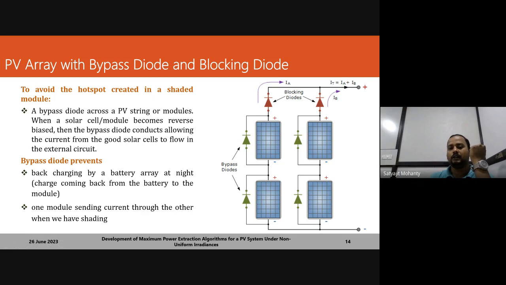Similarly, the blocking diode plays the same role. If a group of panels is acting as a load instead of a generator, the blocking diode will bypass the current from the healthy cells. The current won't flow through the unhealthy one because it acts as a load, and it will go to the external electric circuit.